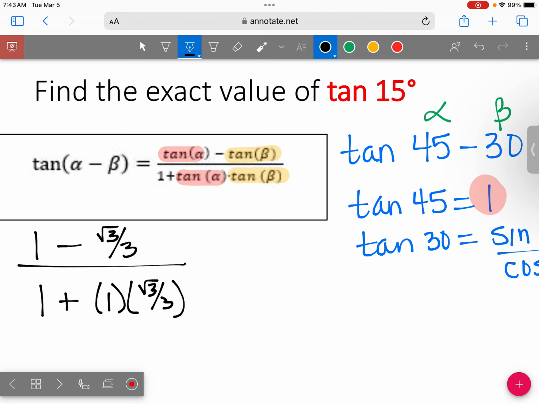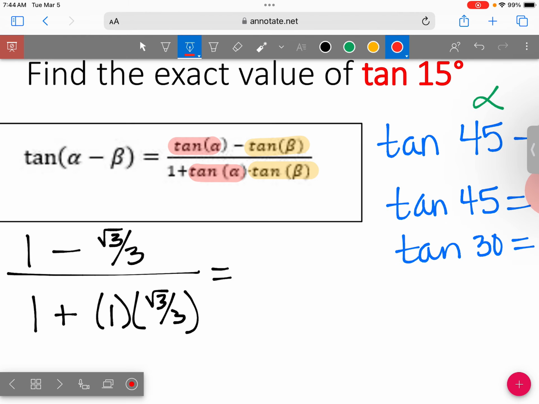Okay. So let's go ahead and do our numerator first. So we got 1 minus root 3 over 3. I need to have a common denominator, so I can't subtract 1 from that. So instead of 1, I'm going to write that as 3 over 3 minus root 3 over 3.